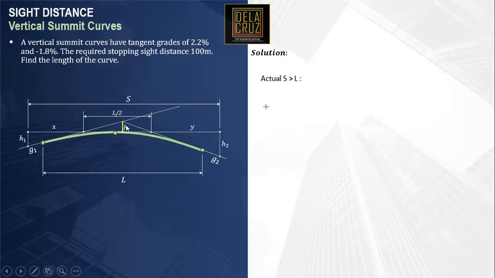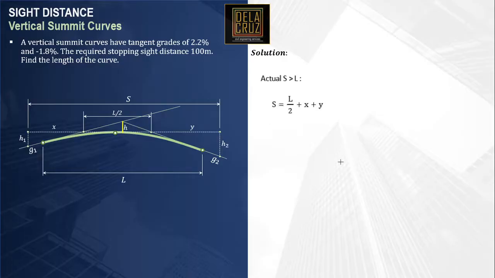By the way, from this point to this point, that should be L over 2, property of a parabola. The tangent grades will meet halfway, always in a parabola. Okay? S is equal to X plus Y plus L over 2. This would be our main equation if S is greater than L. Rearranged, S is equal to L over 2 plus X plus Y.